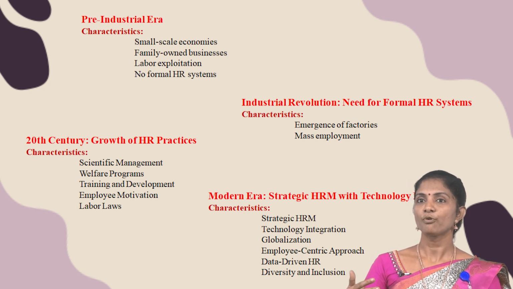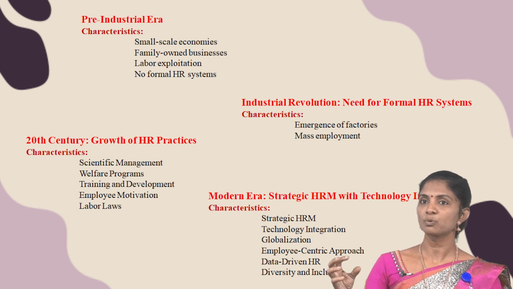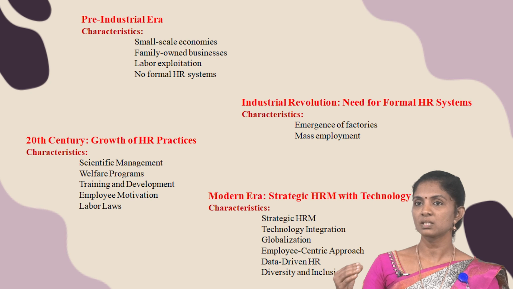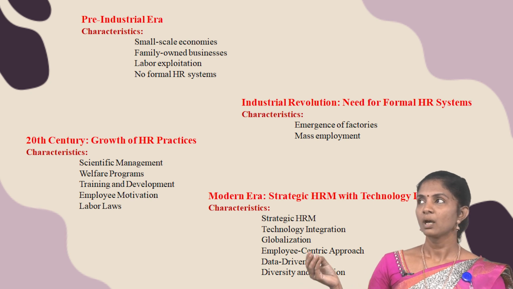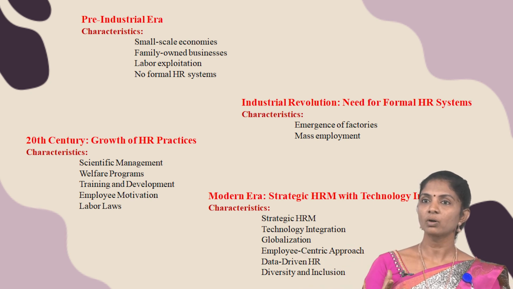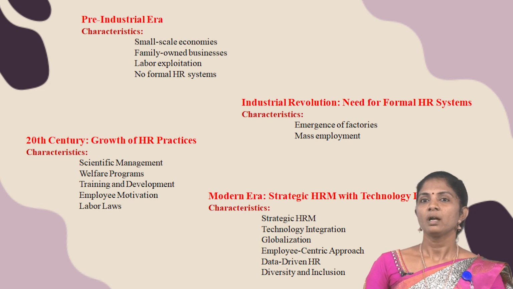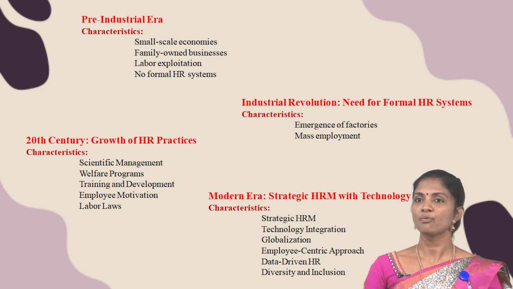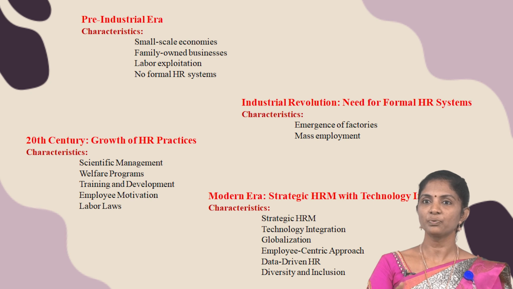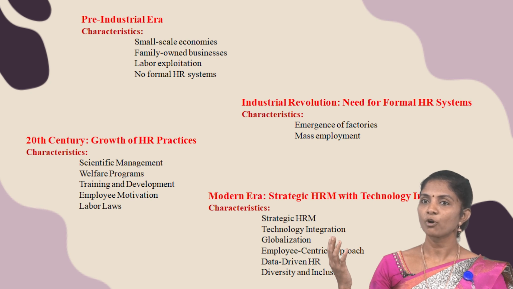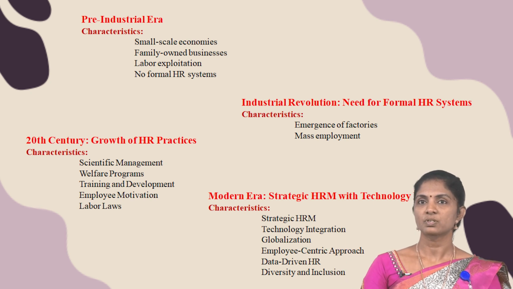Then the formal human resource system followed: employers began developing systems for recruitment, payroll, and record keeping to manage workers efficiently. And next is specialization of work. The laborers were divided into specialized tasks to increase productivity, creating a need for training and supervision.